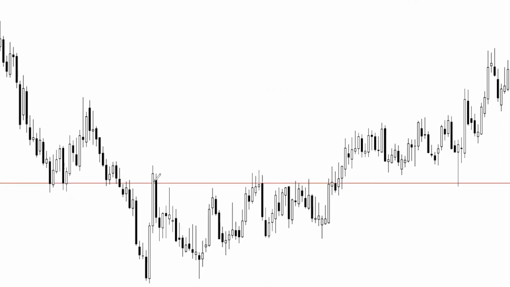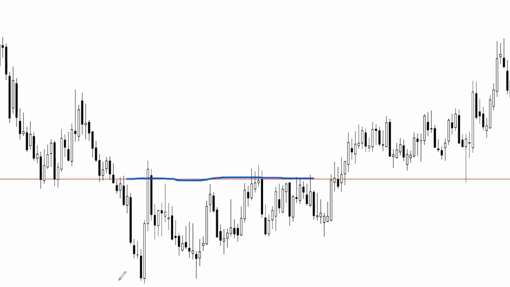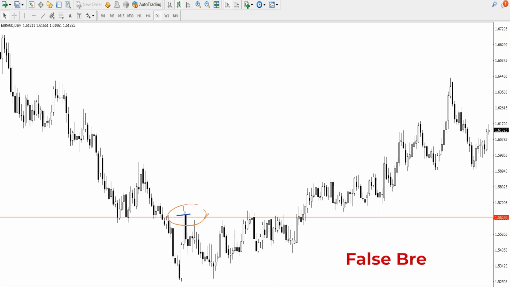We can see price had been in this consolidation zone all through here, just in this choppy sideways movement, not going anywhere. We can see that we have false breaks all through here, and then another false break here, and then we finally had price closing above this consolidation through this candle here.